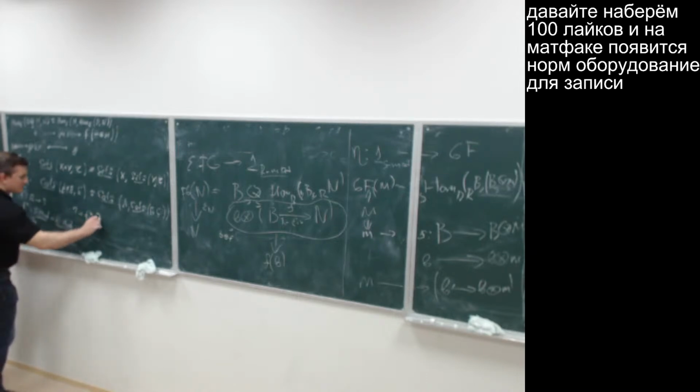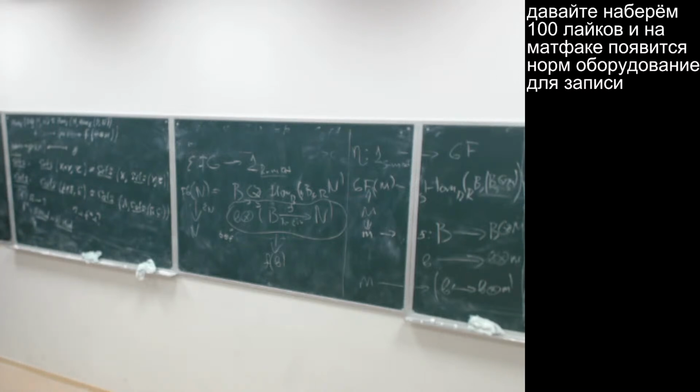Find the left and right adjoints. We have to find any, or we have to find any and prove that there are no others.